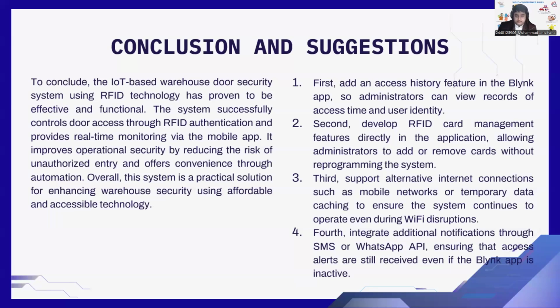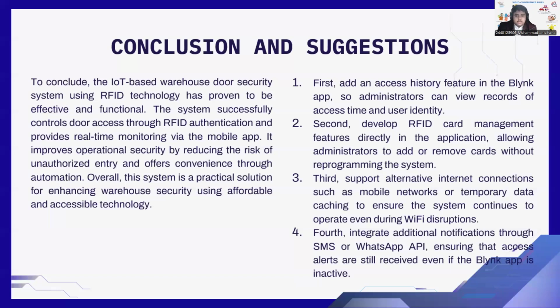I suggest, first, adding an access history feature in the Blynk app so administrators can view records of access time and users' identity. Second, develop RFID card management features directly in the application, allowing the administrator to add or remove cards without reprogramming the system.